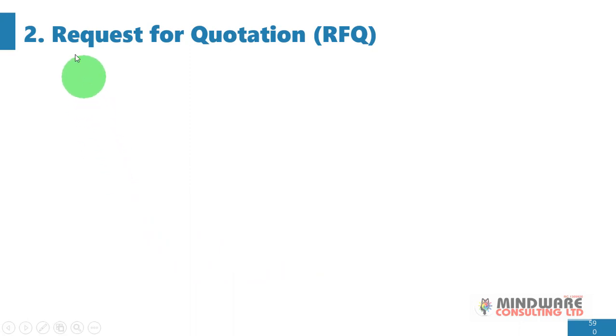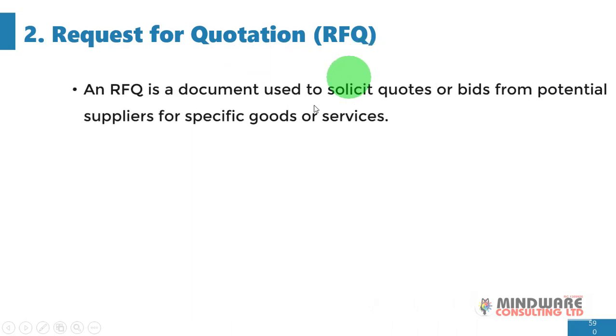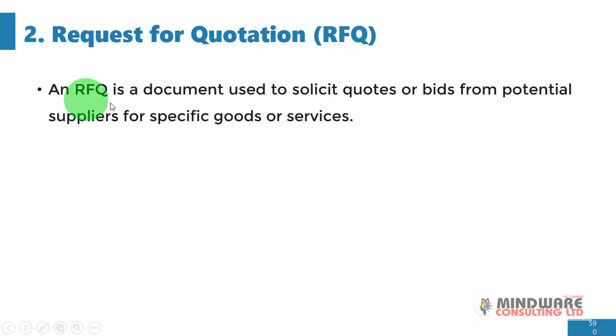So next we have the request for quotation, or RFQ. Now, the RFQ is a document used to solicit quotes or bids from potential suppliers for specific goods or services. Now you've detailed out the requirements, the specifications, as well as the expectations of the project.